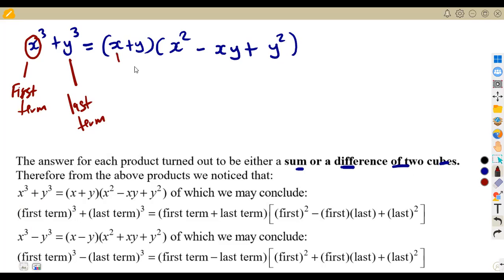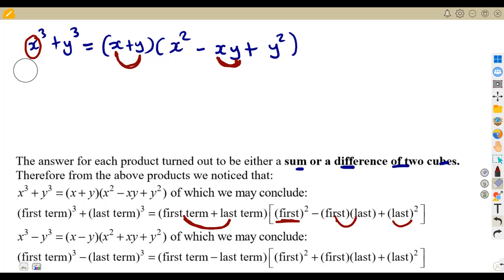So you're going to add the first and the last term in the first bracket. Then the second bracket is going to be the first to the exponent of 2, minus the product of first and last, plus the last squared, which is the last to the exponent of 2.